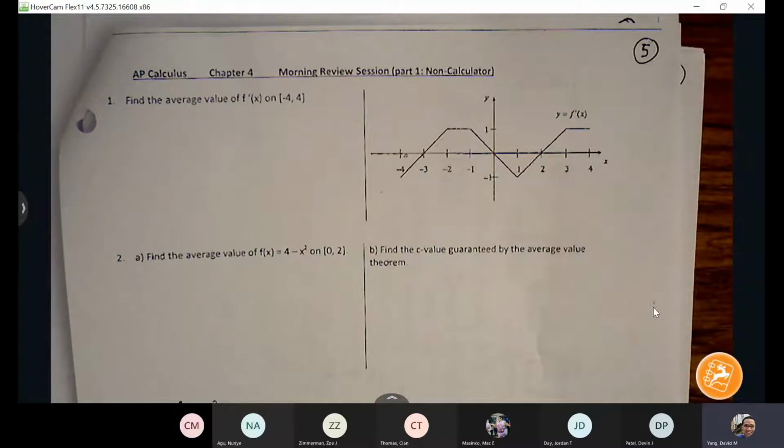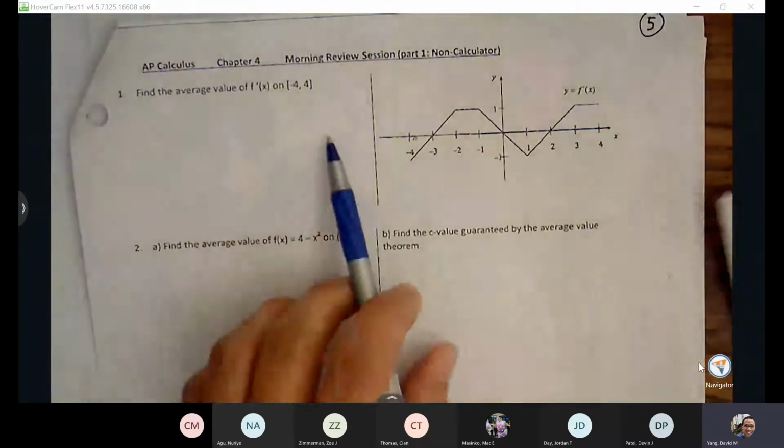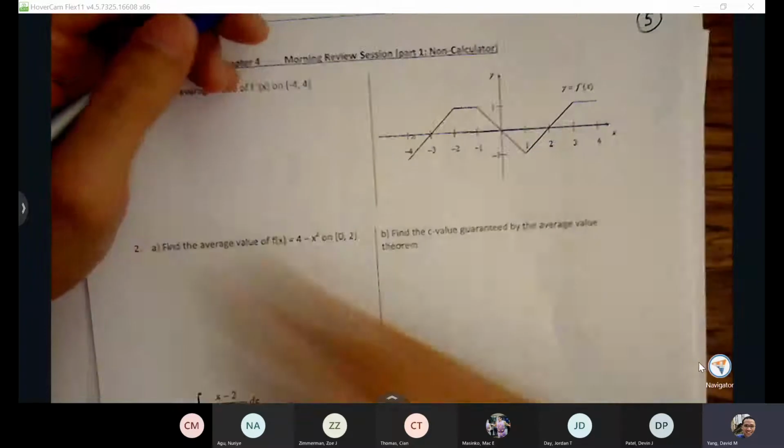Okay, so finding average value. Okay, so average value theorem.